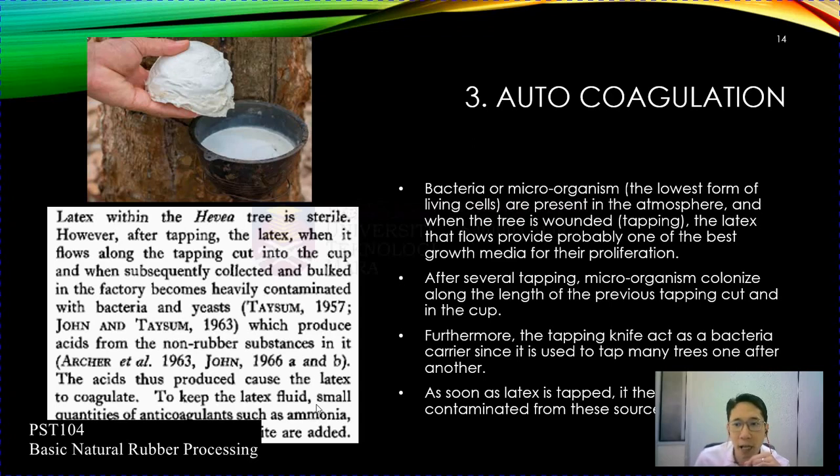Furthermore, the tapping knife acts as a bacterial carrier and is used to tap many trees one after another. If you notice, we don't wash the tapping knife every time we tap a rubber tree. So from one tree to another you just keep tapping, and it becomes an agent to transfer the bacteria. As soon as the latex is tapped, it therefore becomes contaminated from these sources.